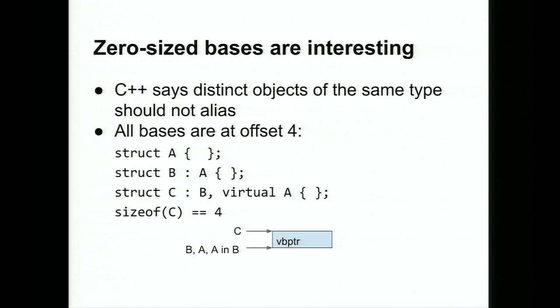And you can come up with contrived corner cases like this, where I have 3 records that all have no fields, 2 of which are zero size. And I've managed to get the virtual base A of C at offset 4, and I've managed to get my non-virtual base A through B at offset 4. And this is not supposed to happen.